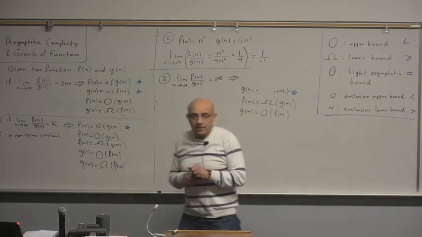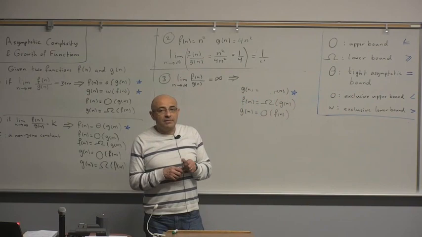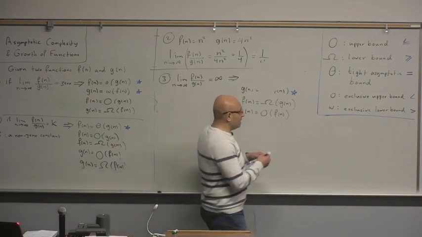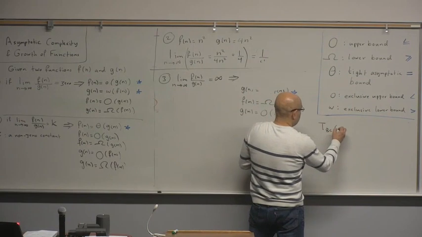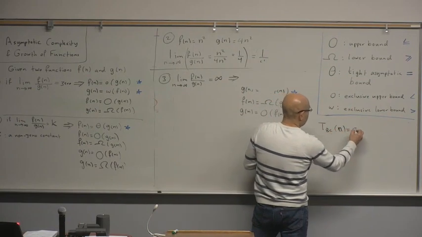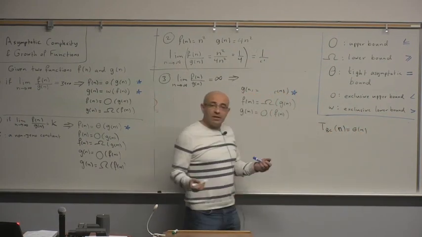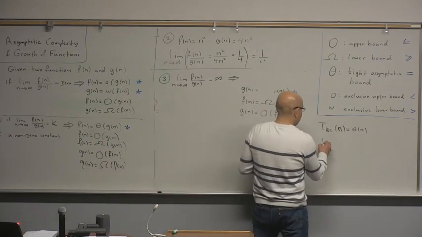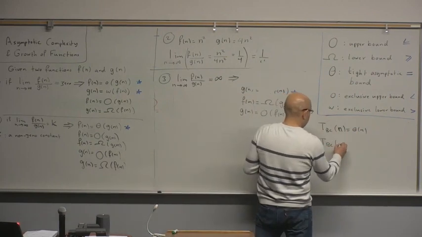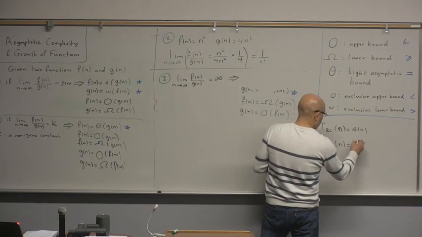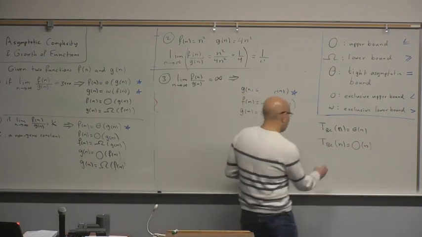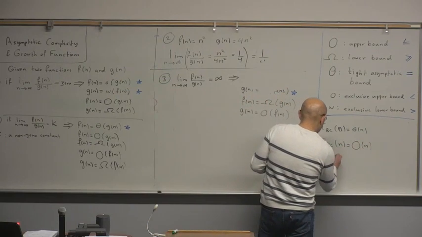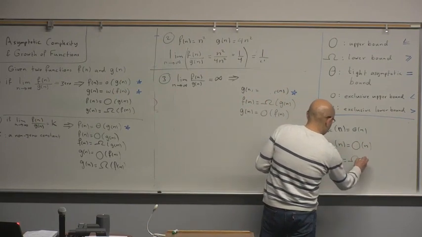But in theory, yes, you can do that. In fact, when you say that T best case equals theta of n, you can also say that T best case of n equals big O of n. This will also be correct. And also T best case of n equals big omega of n.